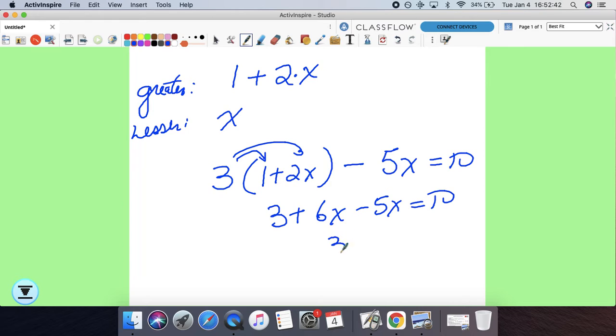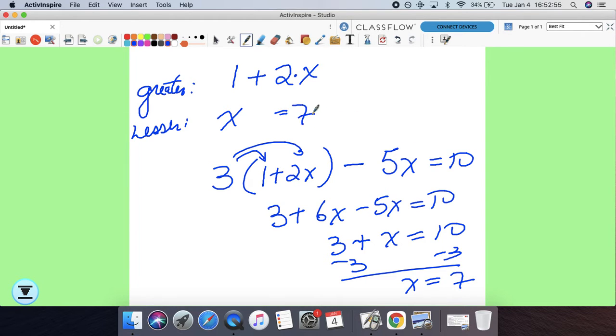Combine like terms. 3 plus 6x minus 5x is x plus 3 equals 10. Minus 3 on both sides. And our variable is isolated, and 10 minus 3 is 7. So that makes our lesser number 7, and our greater number, well, we're going to multiply 2 times 7, which is 14, and then add 1 gives us 15.